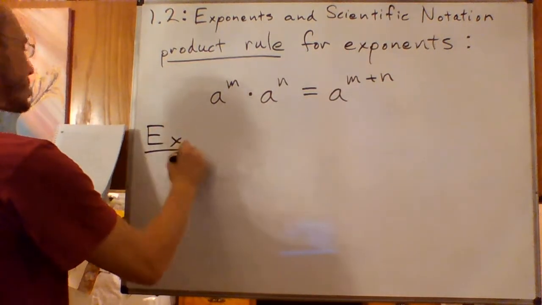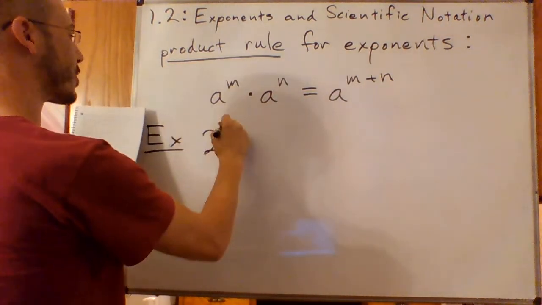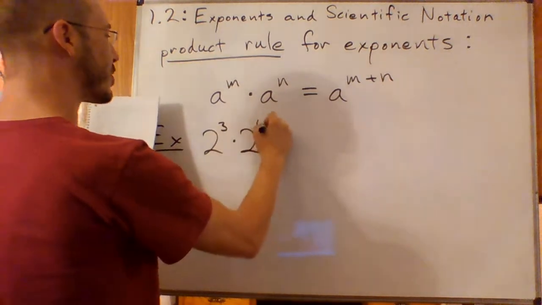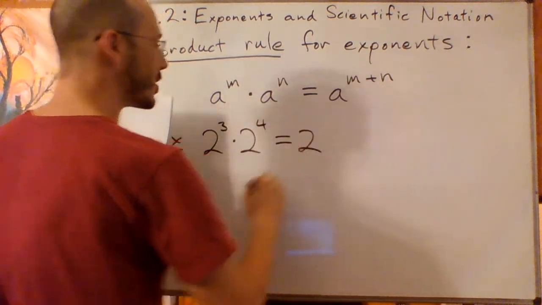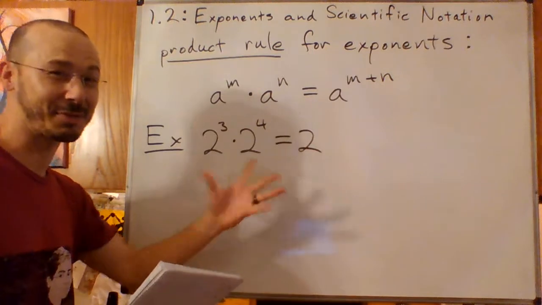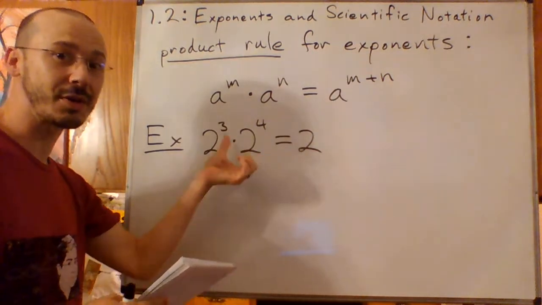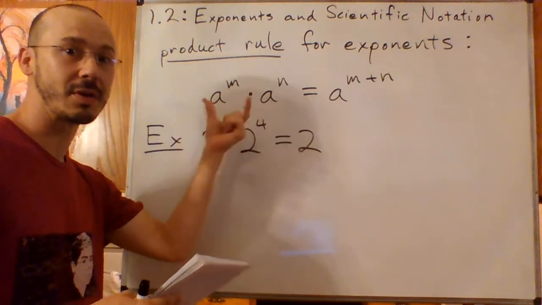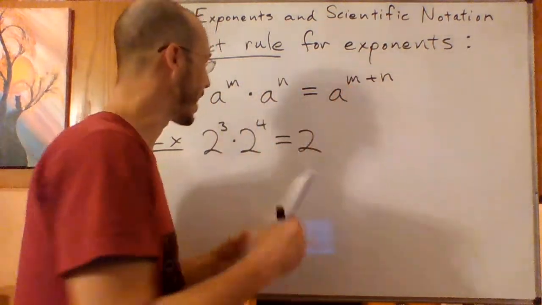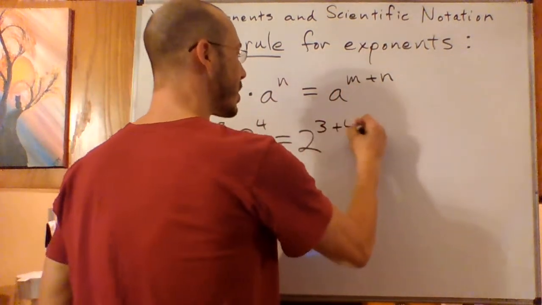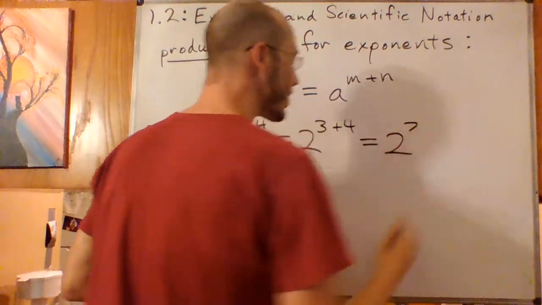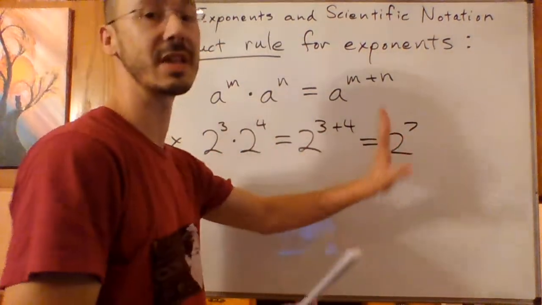First, with some numbers. 2 to the third times 2 to the fourth. You might not have to write down this middle step, but 2 to the third times 2 to the fourth allows me to add those exponents and get 2 to the seventh. If you can just go from here to 2 to the seventh, that's fine.